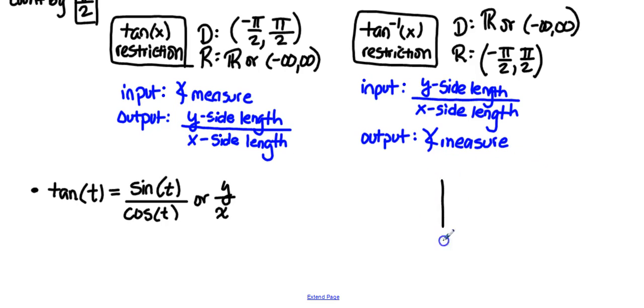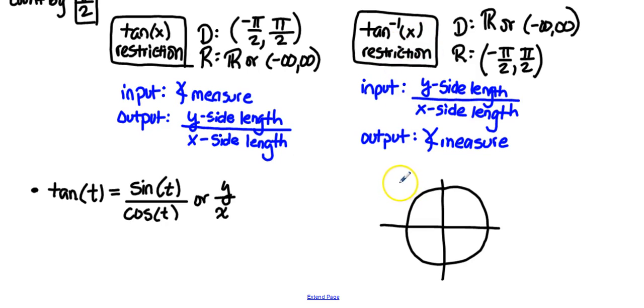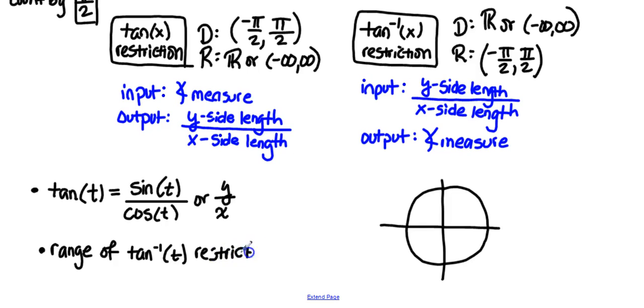So if I were to sketch a little unit circle here for myself, let's consider the range restriction. The range of inverse tan, or tan inverse, is restricted. What is the restriction?